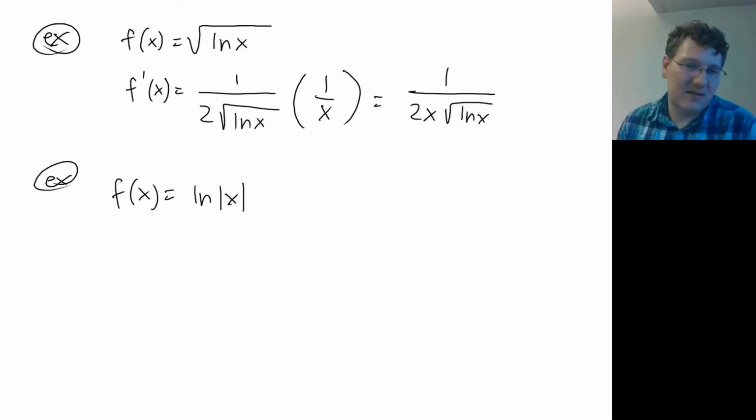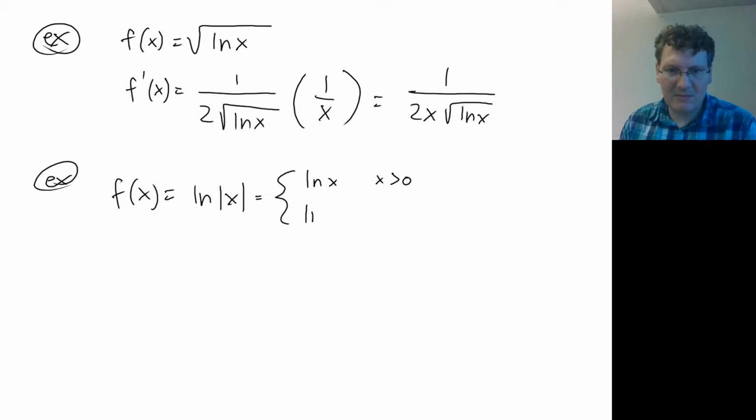So now let's take a look at this. f of x is natural log of the absolute value of x. So let's take the two cases. This is going to be the natural log of x if x is greater than 0, and the natural log of negative x if x is less than 0.